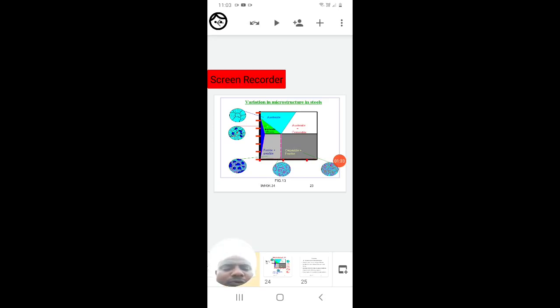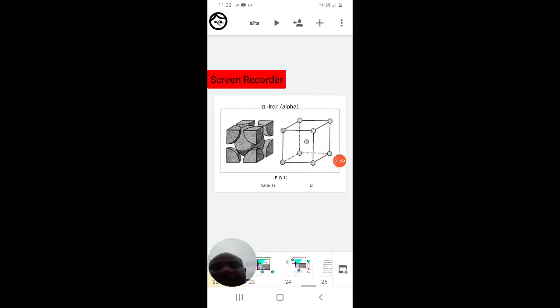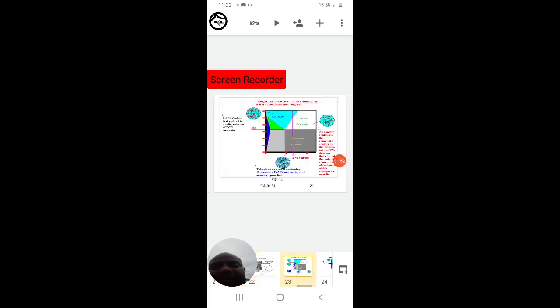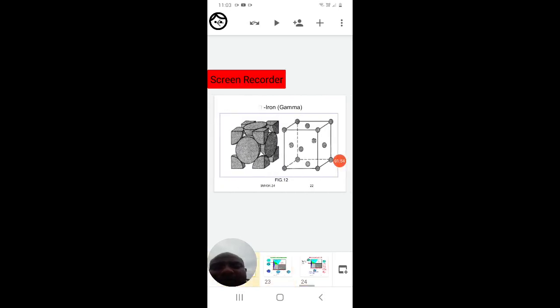Greater than 2% up to 6.67 percent is called cast iron. So the maximum solubility of carbon in iron is 6.67%. After that, it is a saturated state. That means it is an interstitial solid solution, so vacancies are available up to 6.67%.